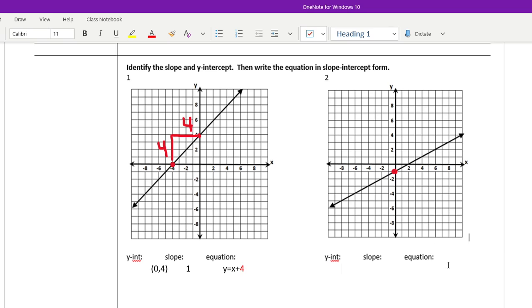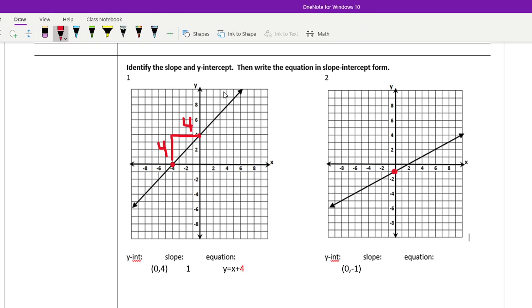For my second example, my y-intercept is downwards. In this case, x is still 0. My y value is a negative 1. Looking at my slope, I can use the x-intercept again, just for consistency.